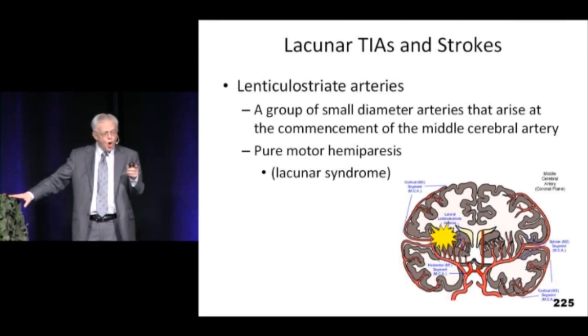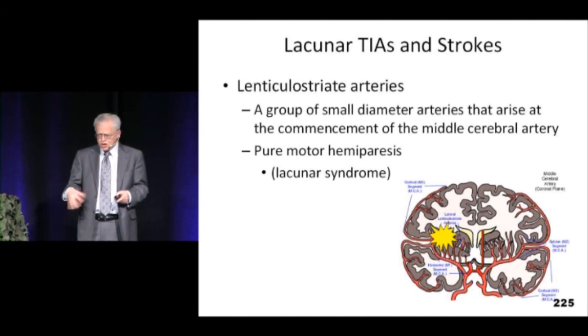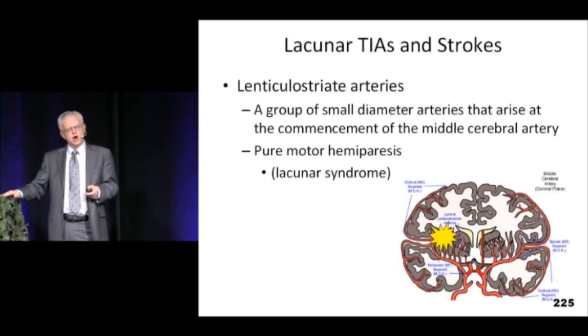That is, if the only findings are the arm and the leg, no sensory stuff, no anything else, that's almost always a motor lacune. That's a little tiny artery. There is no data to suggest that this is influenced by TPA. Not one bit.